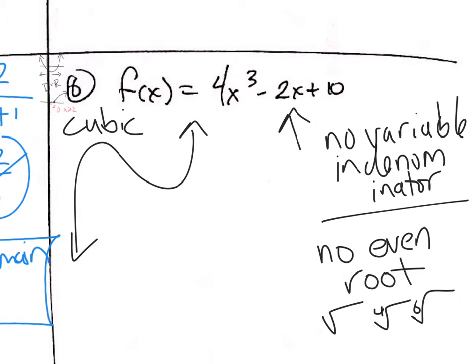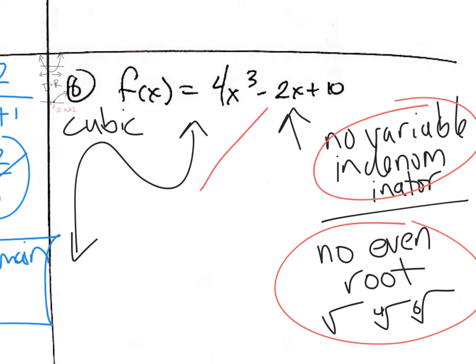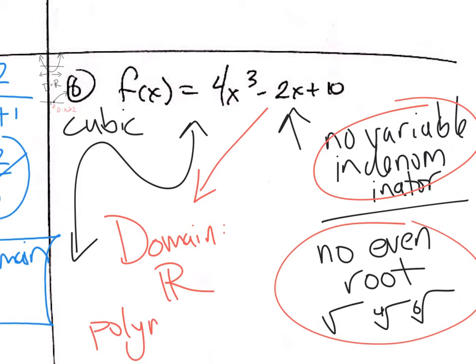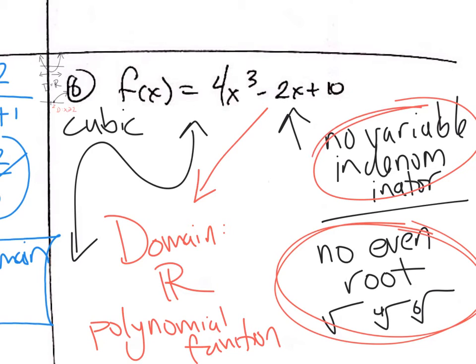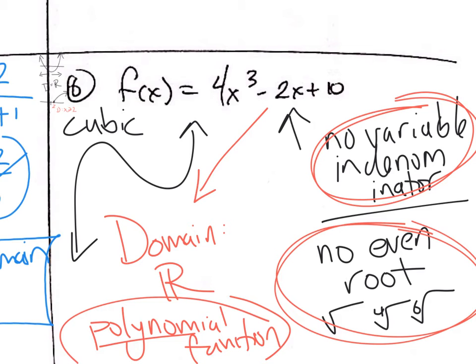So we're not going to get unacceptable values from here, and we're not going to get unacceptable values from here. Therefore, the domain is all real numbers. And that's true basically for any polynomial function. Although this is sort of easier to remember, because if you're remembering this, then you have to know the technical definition of polynomial function.